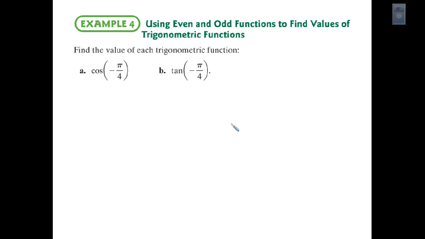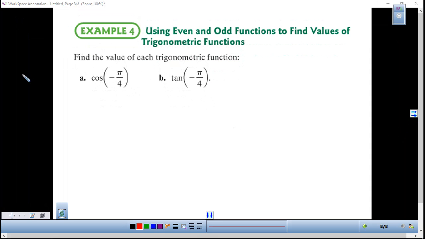All right, so finding the value of a trigonometric function, regardless of whether it's a positive or a negative angle, becomes kind of easy now. We know what the values for pi over 4 are, and what do we know about the cosine function? Well, the cosine's an even function, so it doesn't matter if we put in a positive value for an angle or a negative value for an angle.